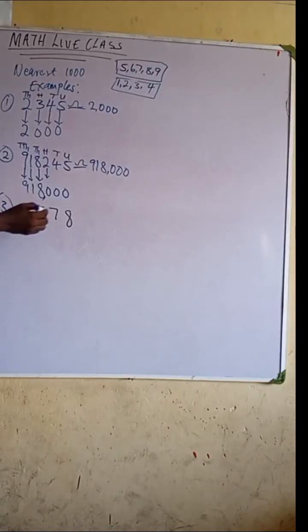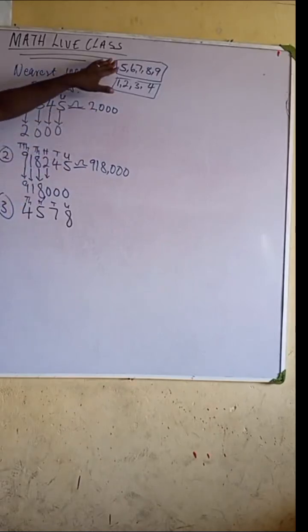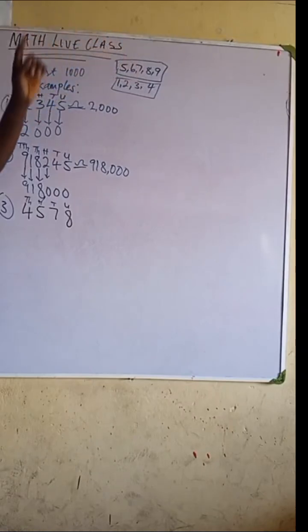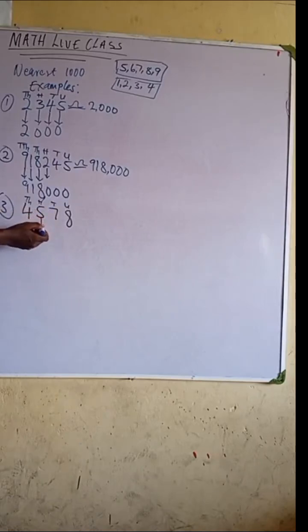First thing is place value. Units, tens, 100, and what? 1,000. Don't forget, these are numbers we can round up to 1. So we consider the place value after the one we are rounding up to. So this is 5.